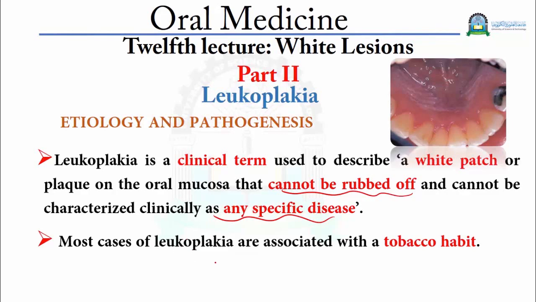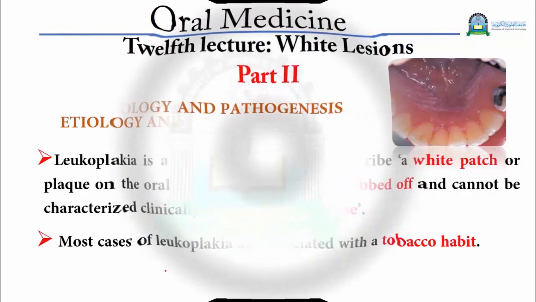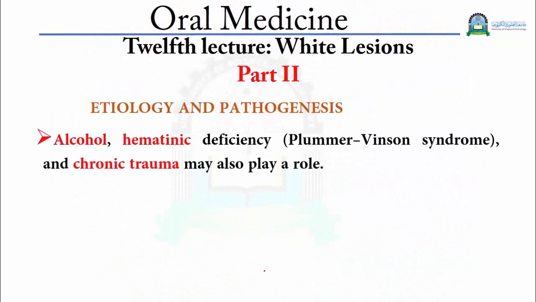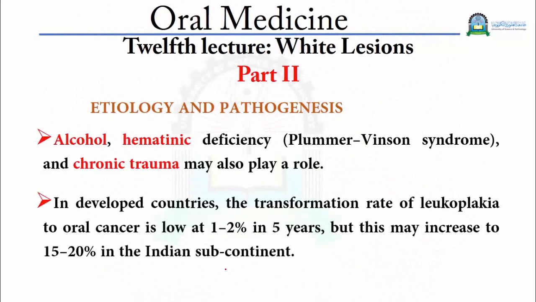Most cases of leukoplakia are associated with tobacco habits and alcohol. Hematinic deficiency, such as what occurs in Plummer-Vinson syndrome, and also chronic trauma may play a role in the development of leukoplakia lesions.